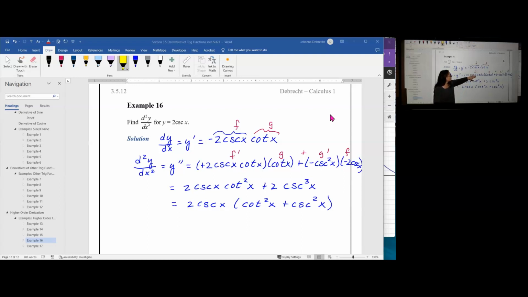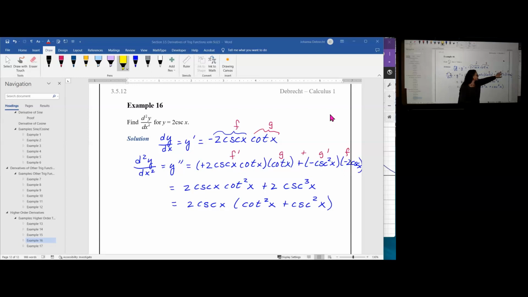The derivative of cosecant is negative cosecant cotangent, but I also had another negative, which gave me a double negative, resulting in a positive, 2 times cosecant cotangent. And then I multiply by the second factor, cotangent, unchanged.